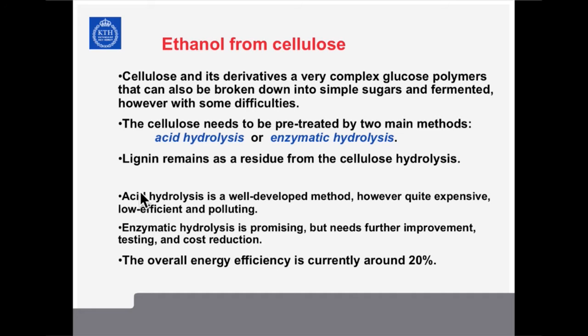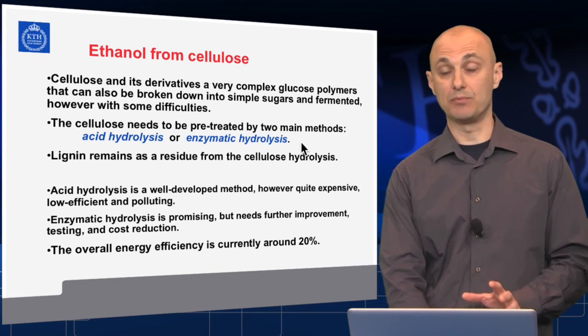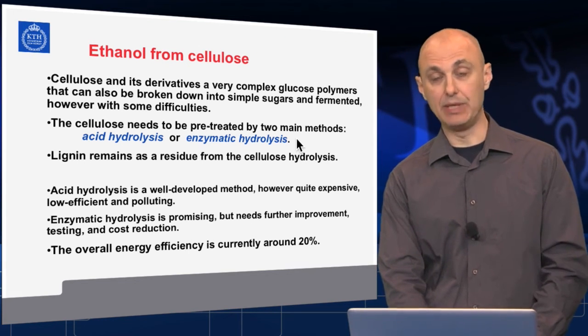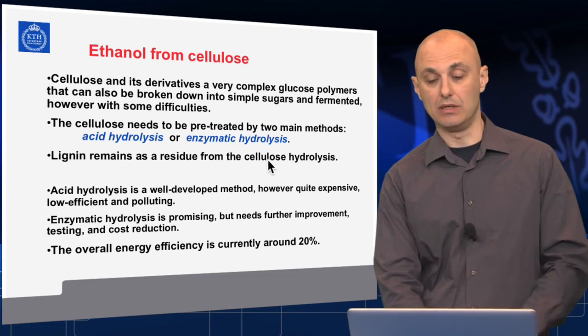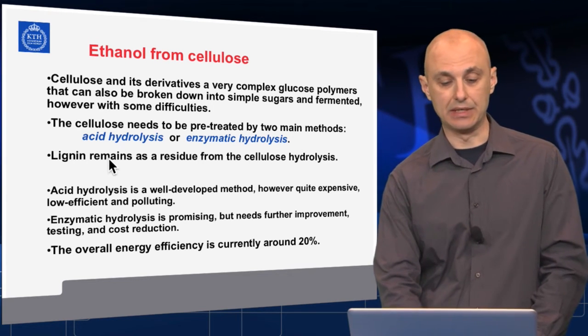There are two main processes that can be used to break down the cellulose into sugars: through acids or through enzymes. The process is a hydrolytic one, so we call it acid hydrolysis or enzymatic hydrolysis. This is high-level, top-notch chemistry. We're not going there, but please just know you are supposed to learn the basics here.